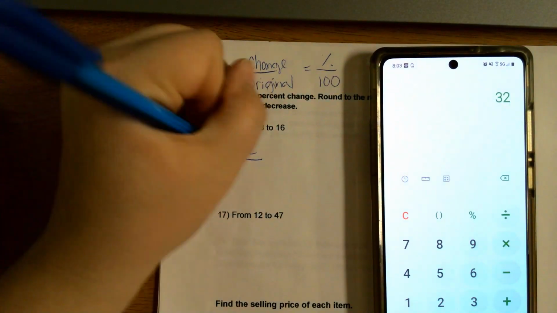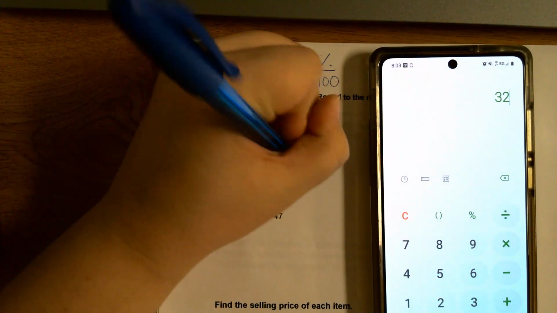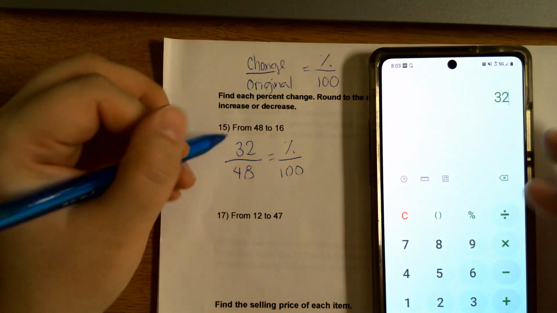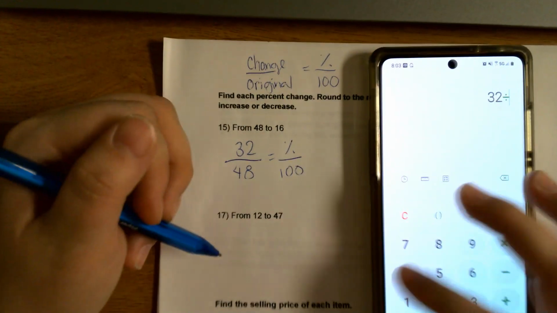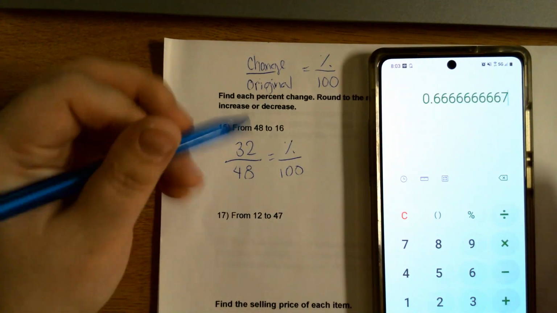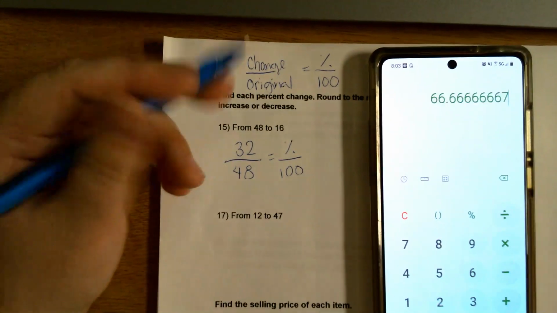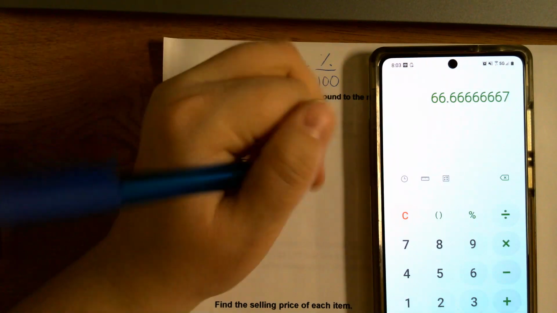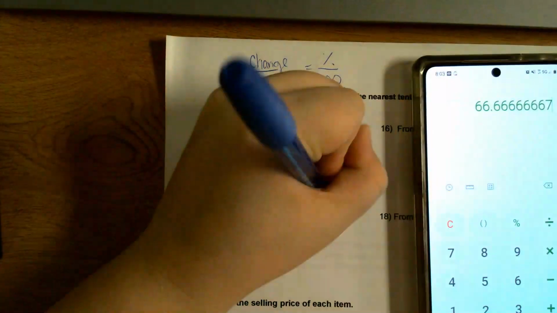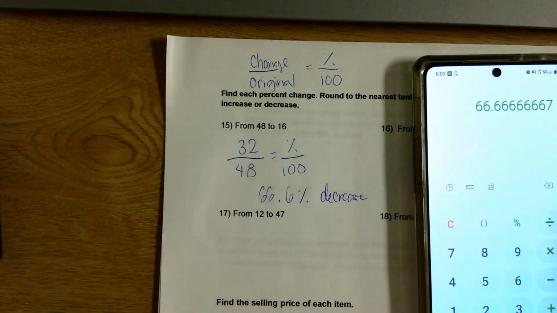My original is 48. I'm trying to find my percent. So, I could either cross multiply and divide, or take 32 divided by 48, and then multiply that by 100. So that gives us a 66.6% decrease. Because if you look at it, we went from a larger number to a smaller number.